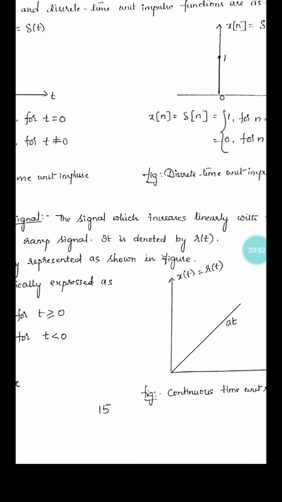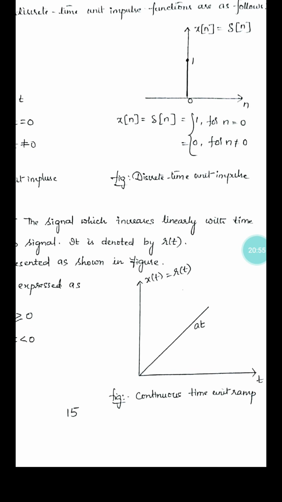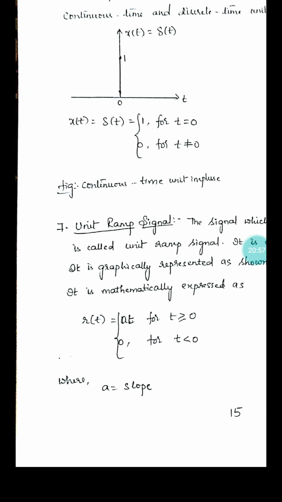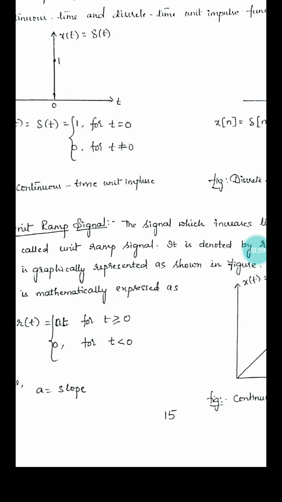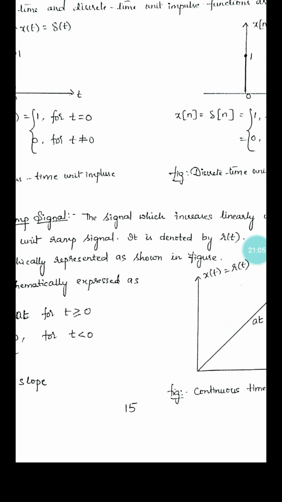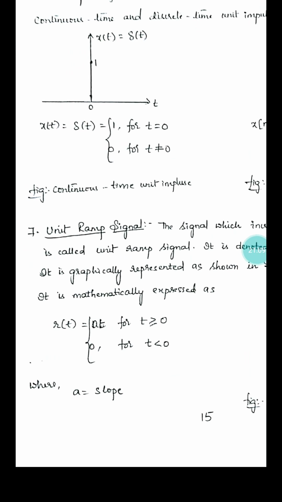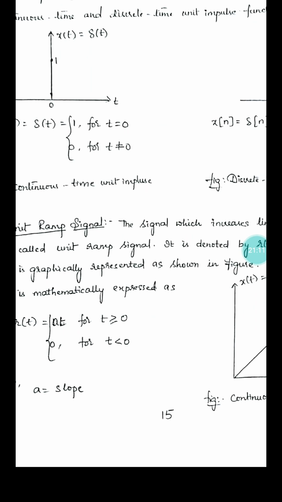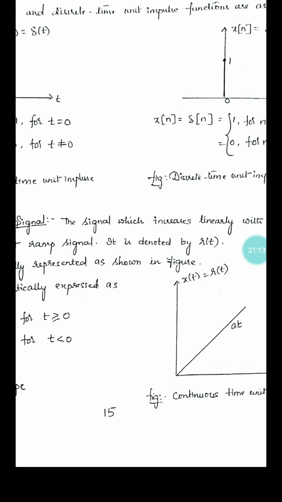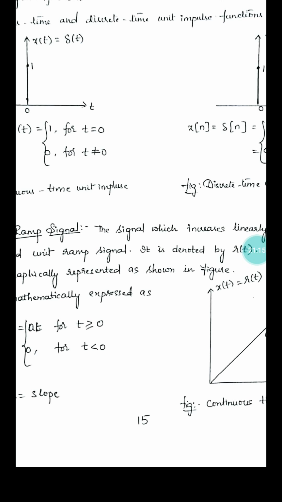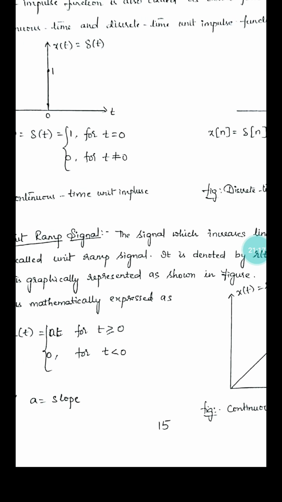Sometimes there is a chance you will be asked to define the ramp signal. Simply write this definition: the signal which increases linearly with the time is called the unit ramp signal. It is denoted with r of t.